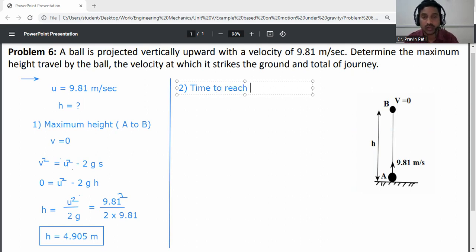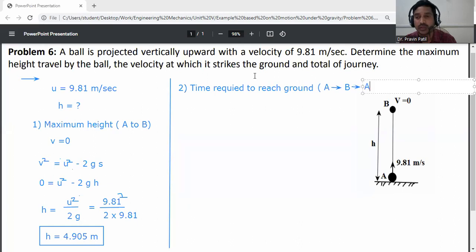To reach the ground means the stone travels from A to B and then B to A. That means the distance from A will be 0. So we use this formula for that.